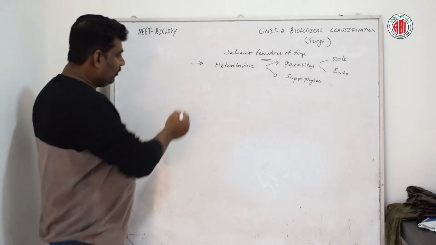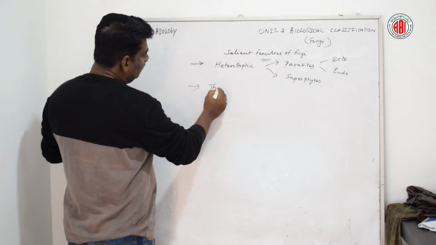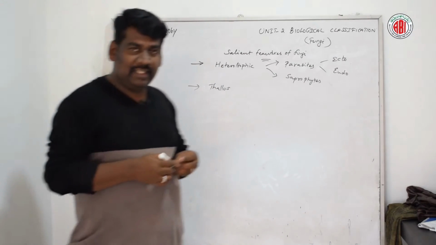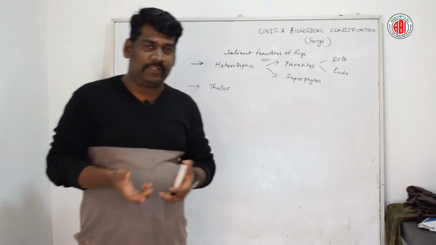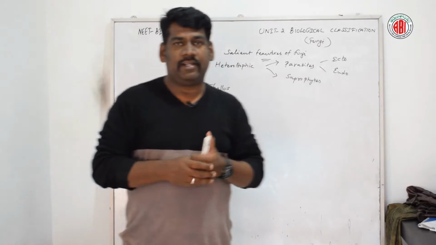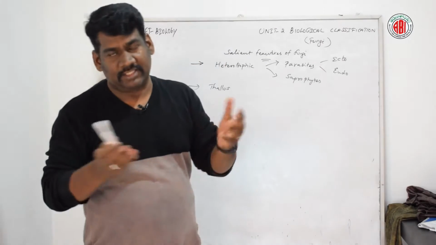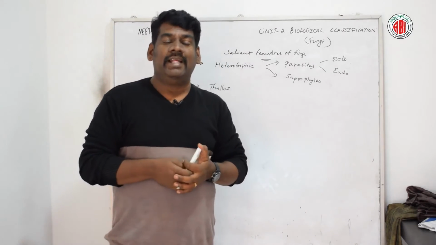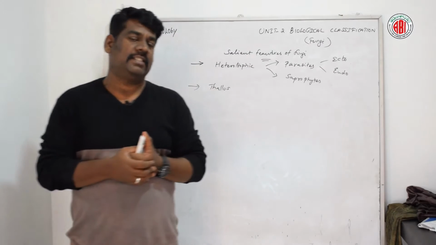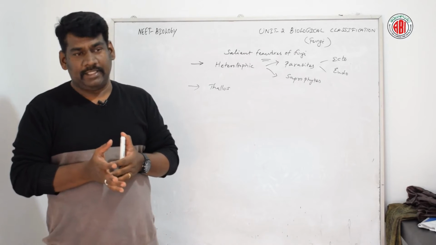We have discussed the thallus. Thallus is the body of the organism. In fungi we use the term thallus for describing the body or structure of the organism. The thallus is made up of colorless filamentous structures called hyphae.